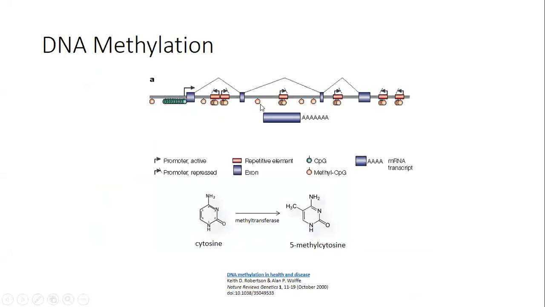When it happens elsewhere, it can have other effects, but the promoter methylation matters, and there are these so-called CpG islands, that is cytosine followed by guanine, in promoter regions. It's a way for the cell to more or less permanently turn off a gene. If it methylates the promoter, that methylation is propagated.